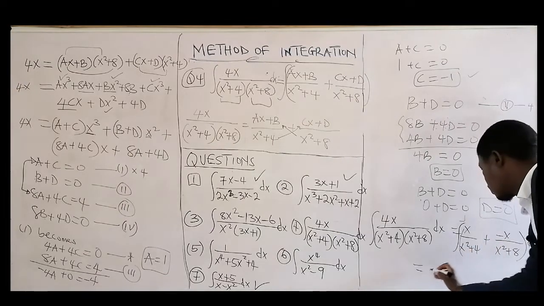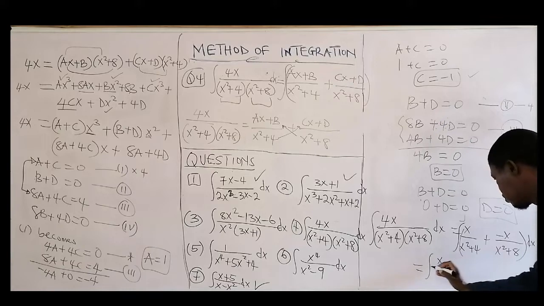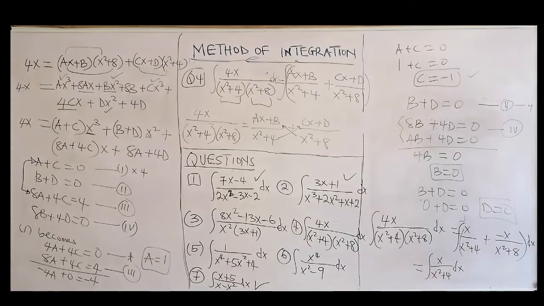The integral of x over x squared plus 4 dx. This one will be minus the integral of, the derivative of this one is 2x, so we put 2 here and cancel with the half here, all over x squared plus 8 dx.